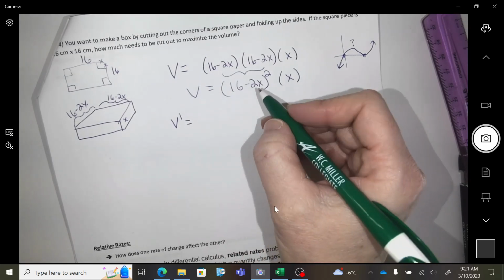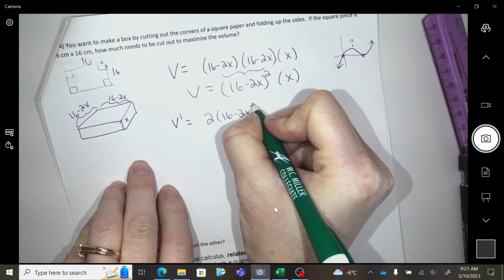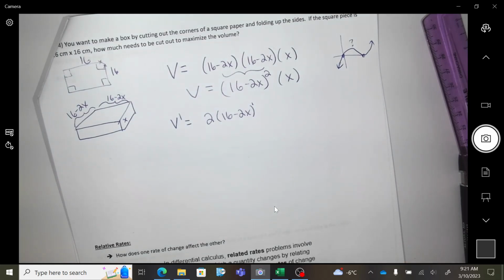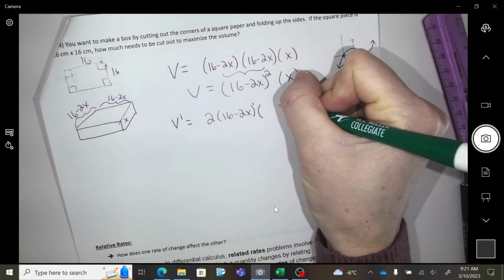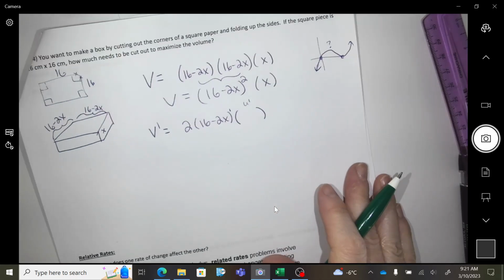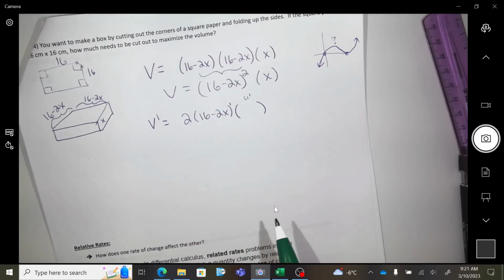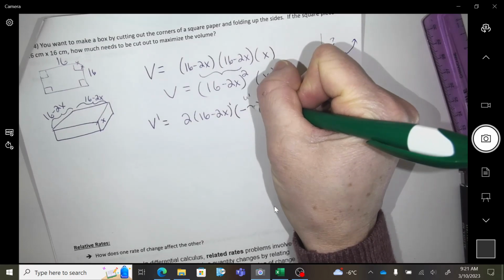Okay. So 2 of the unit to the 1, you don't have to write that, but 2 of the unit to the 1, attach u prime. So what's the derivative of that unit? Just -2, right?